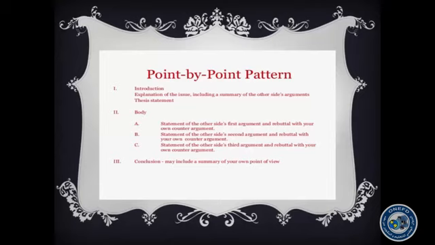In the body of the point-by-point pattern, you have 3 paragraphs. In the first paragraph, you state the first argument of the other side, and then you must have a rebuttal with your own counter argument. And you do the same with paragraph number 2 and paragraph number 3.